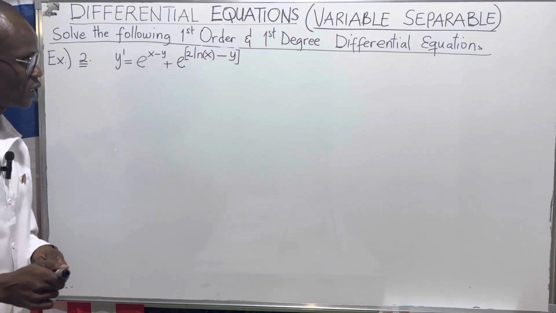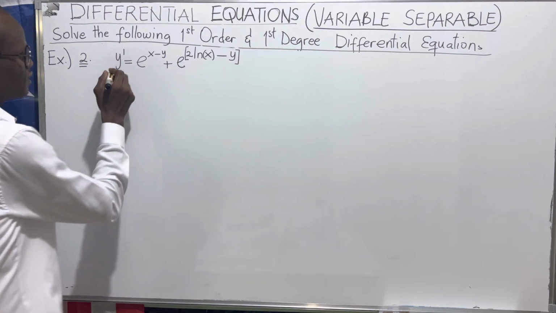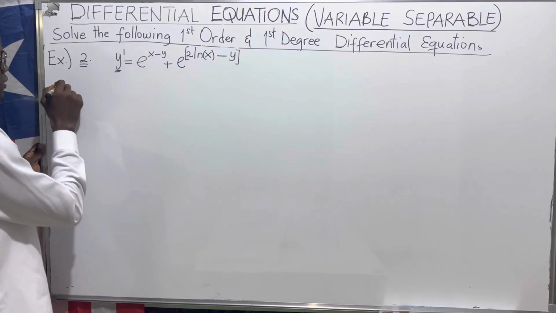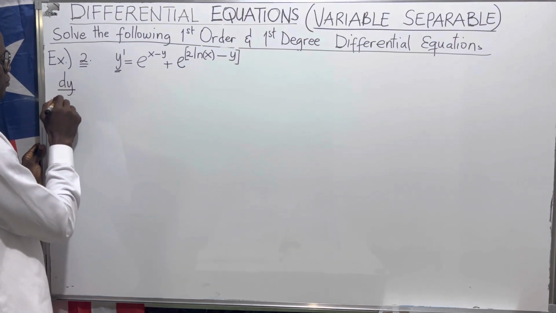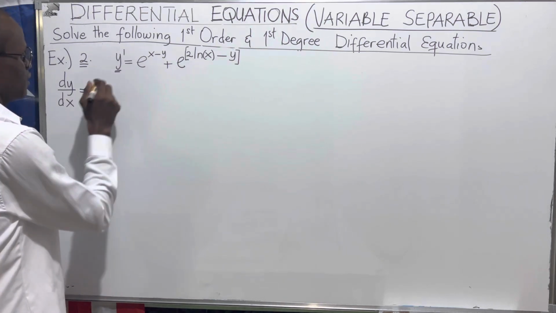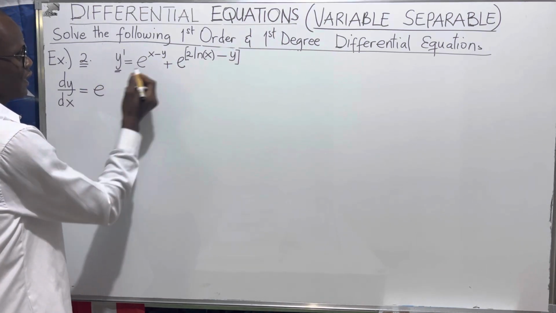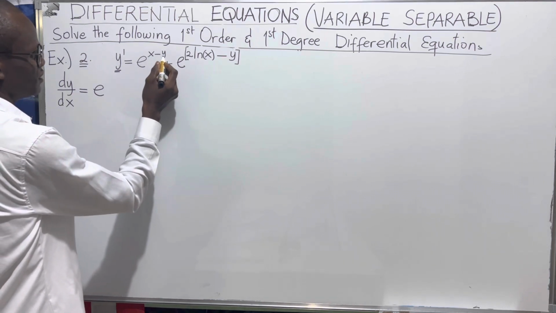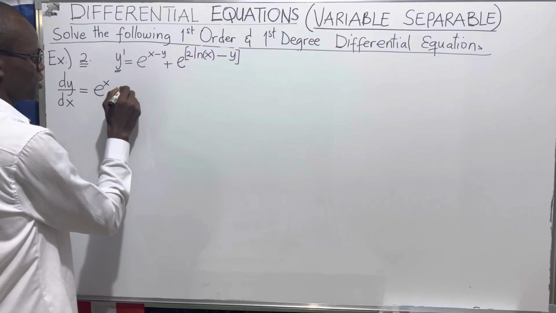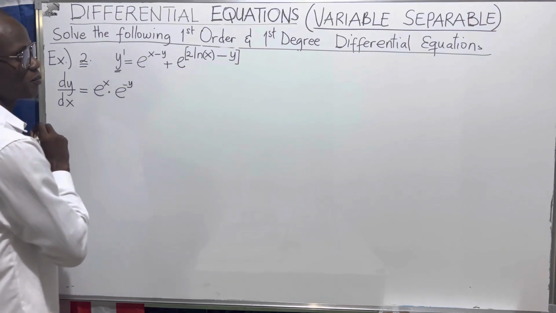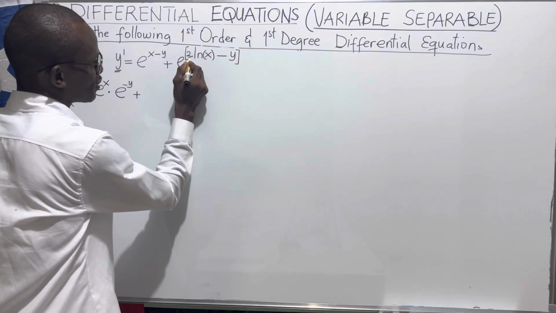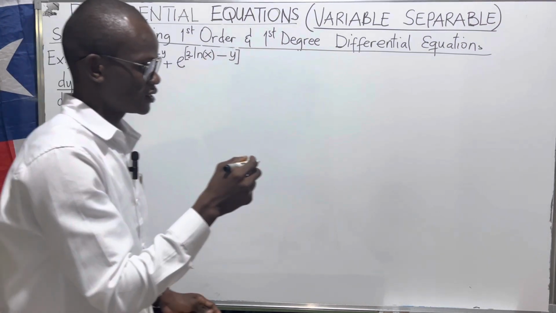Okay, so the first thing we need to do is rewrite this y prime as dy by dx. Then we say equals, now this e raised to the power x minus y can be rewritten as e raised to the power x times e raised to the power minus y plus, now this 2 can be the power of this x.